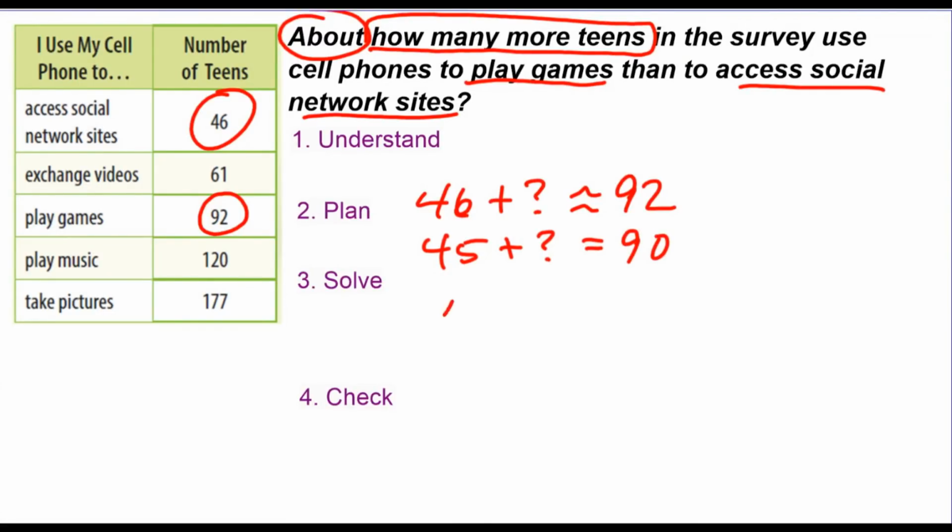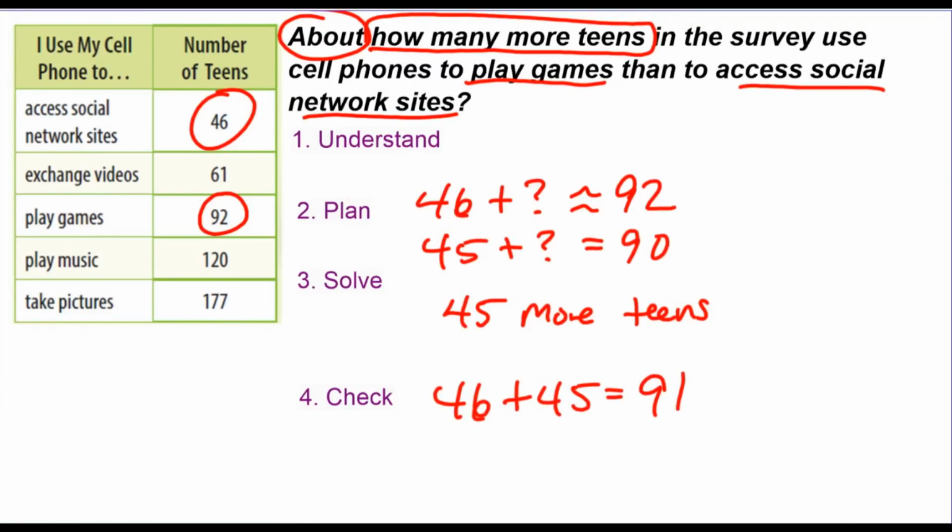And I would say that 45 more teens use their cell phones to play games as compared to accessing social network sites. And if I check that, 46 plus 45 is 91, and that's pretty close to the 92 that play games. So that makes sense in this context when I solve this problem. So again, a couple of estimating problems, and again, identifying what operations you're using to find the solution.